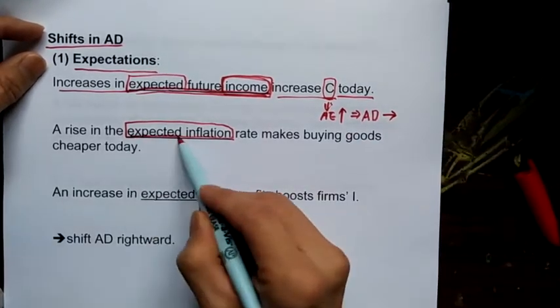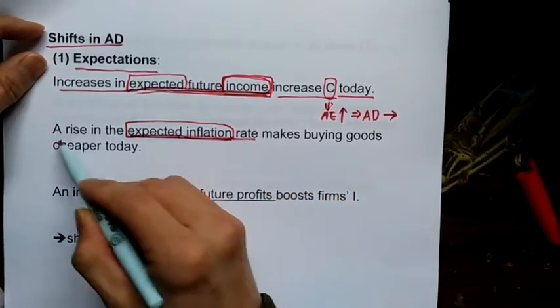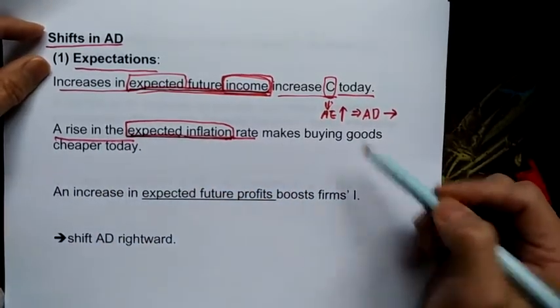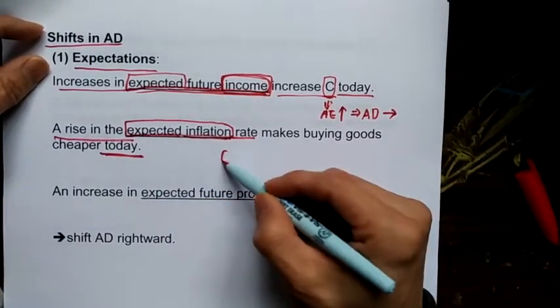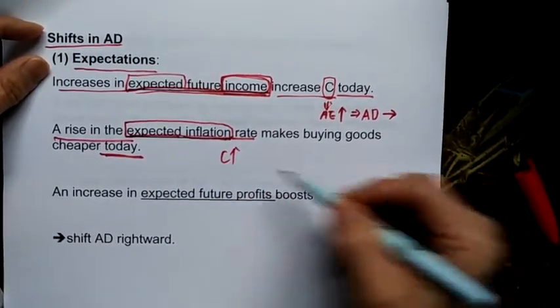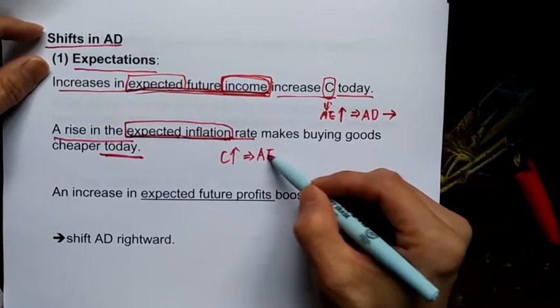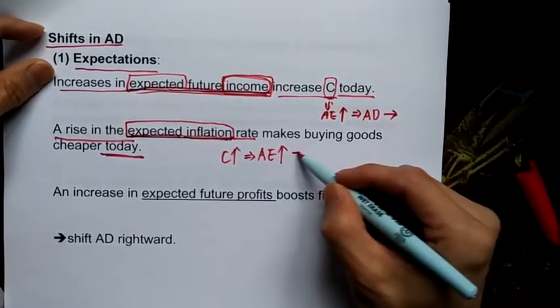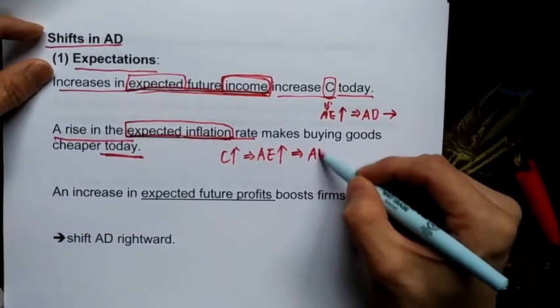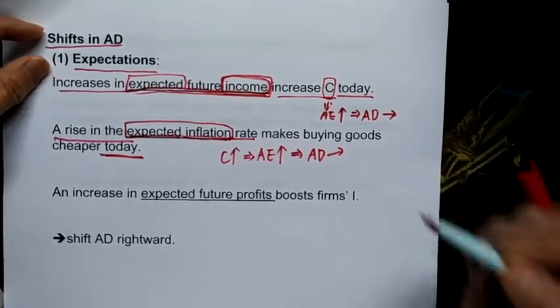Therefore, if you expect the inflation rate to be higher in the future, then you will buy it today. So consumption increases, and aggregate expenditure increases because consumption is part of aggregate expenditure. Therefore, aggregate demand shifts to the right.